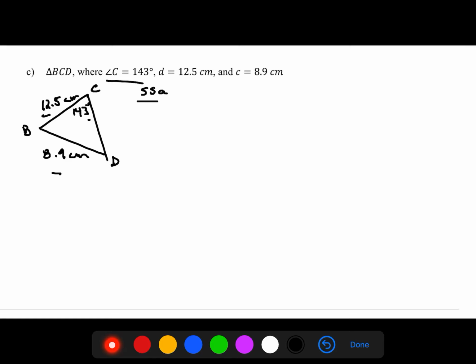First of all, angle C is greater than 90, so there's either one or no solution. So we take a look at C compared to D. If C is shorter than D and our angle comes out like this, then C is never going to meet up here, which means that we have no solution. Okay, we can't create a triangle from that.